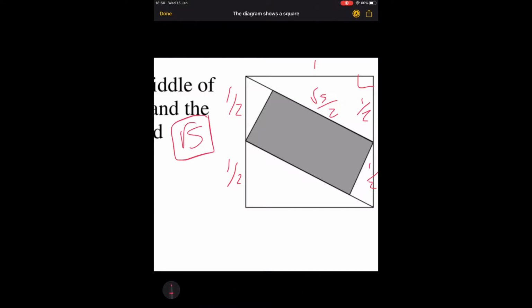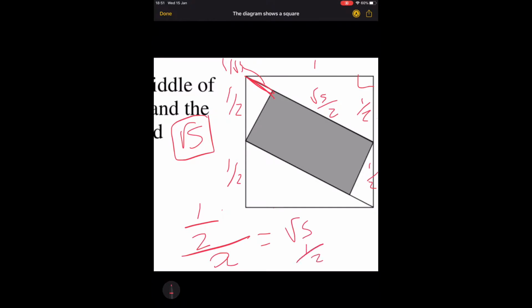Now for our base, for example, we can find it: it would be 1 over root 5. Then we can find the height of this using the ratio: half over x, where x is our base here, equals root 5.